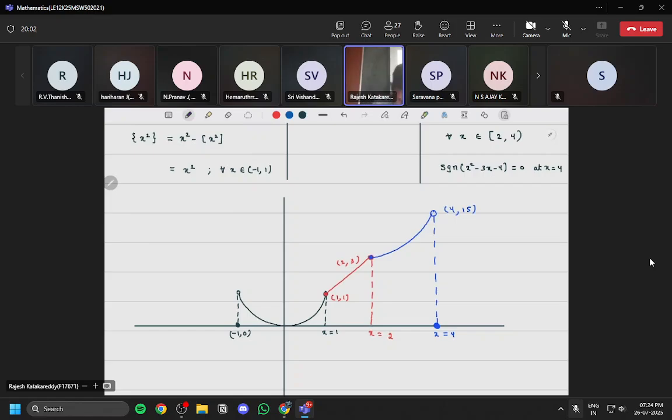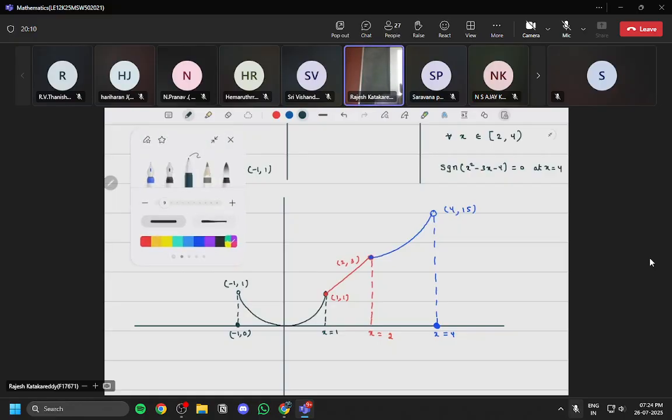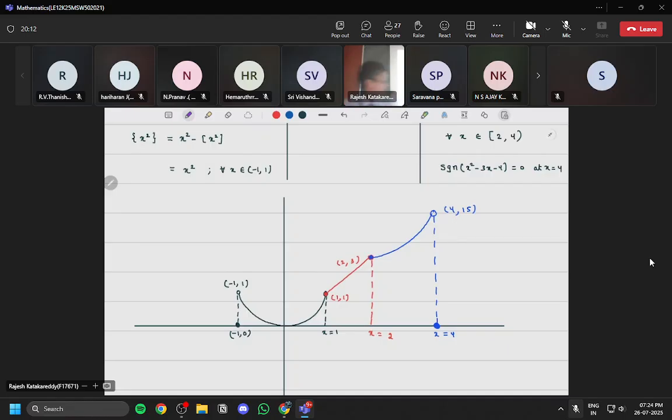Now notice that the number of discontinuous points is very important. Take minus 1 closed bracket and 4 closed bracket. There is a jump at minus 1.